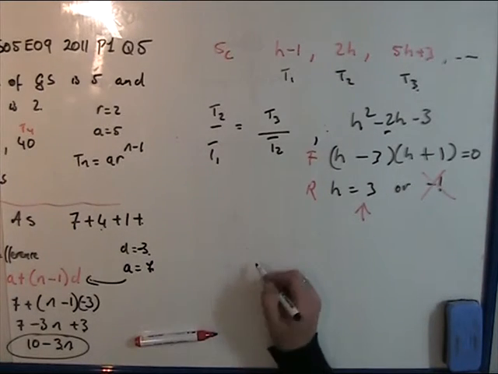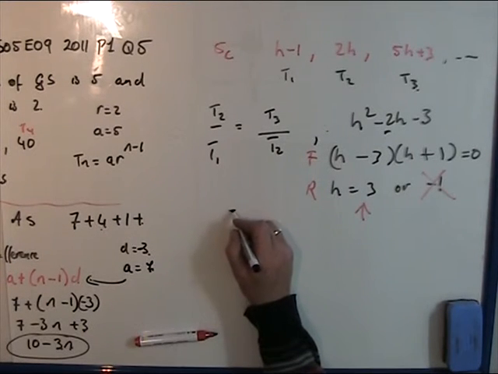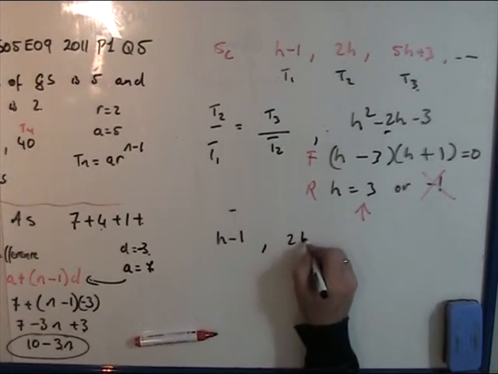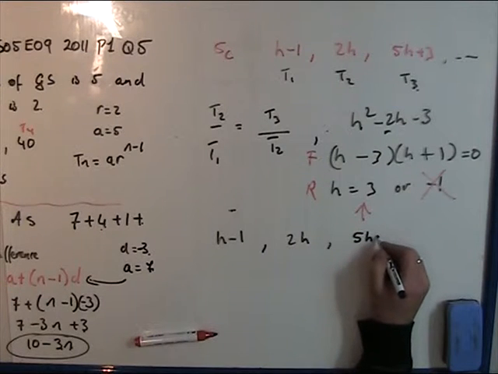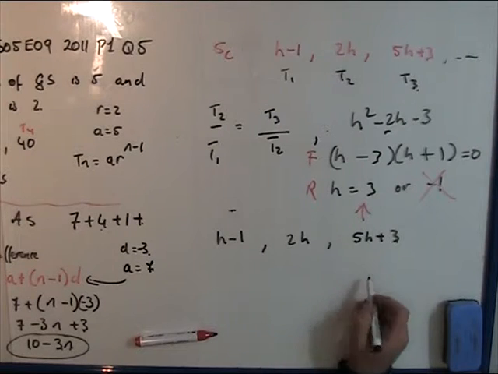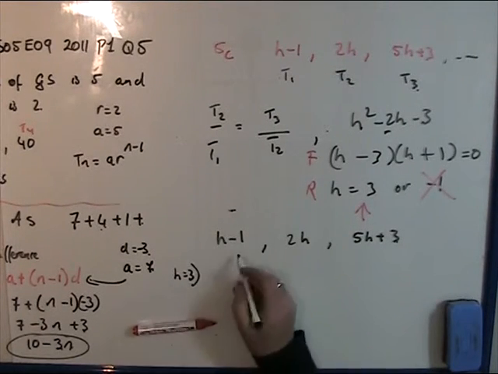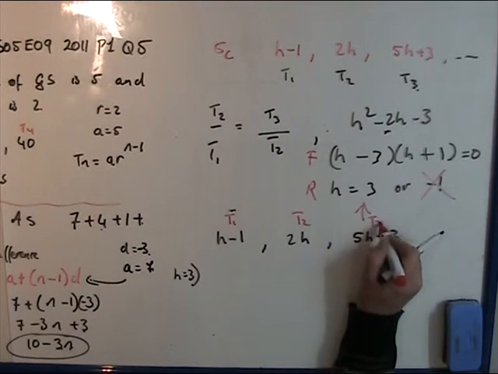Okay, so we get our values again and we put them in. We know that T1 is h minus 1, T2 is 2h, and the third term is 5h plus 3. And h is equal to 3. So if h is equal to 3, this is T1, T2, T3.